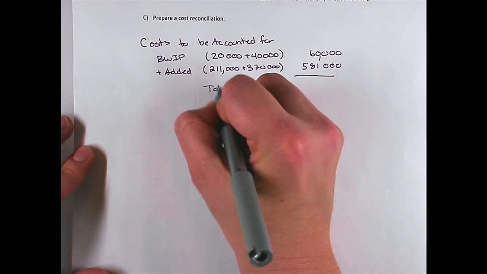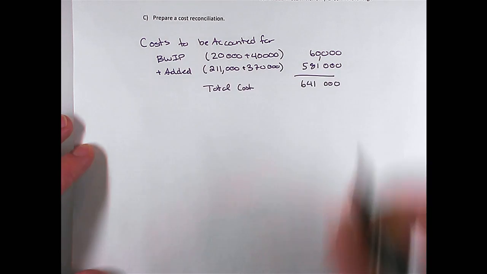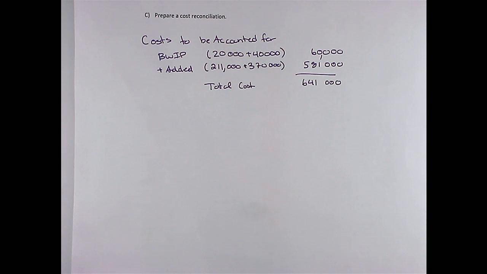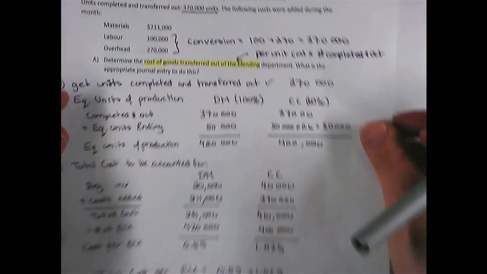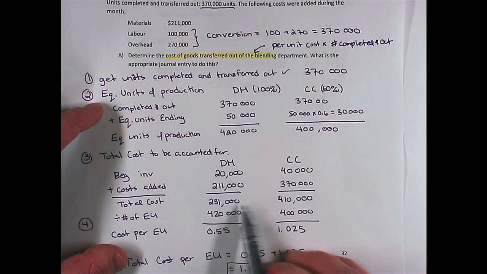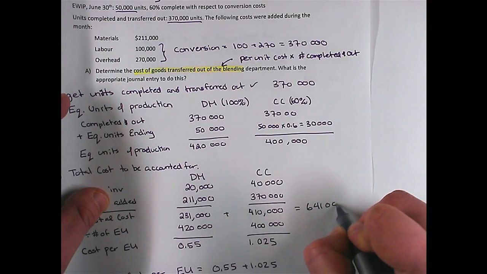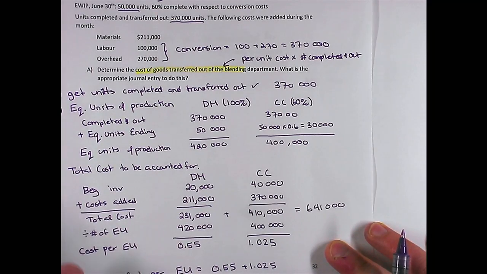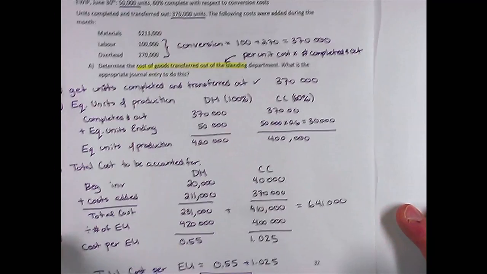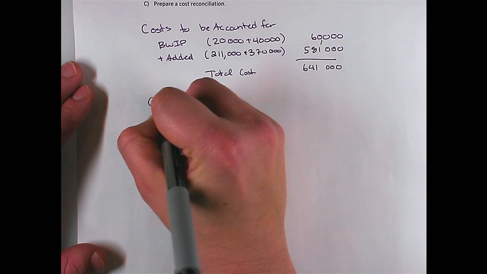And so our total cost there is 641,000. If you go back to that step 3, it's the same thing as that total cost. If you added these two up, right, you're going to get that 641,000. They're going to be the same number there on page 32. Same total cost. It's just the cost that we have and the cost that we accounted for.